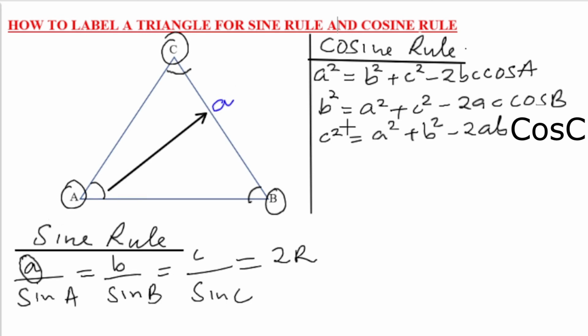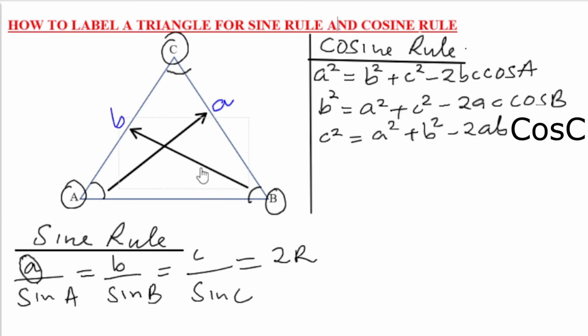So small letters are for sides. Then if I move to B, I bring my arrow at B here, then I point it to the opposite side. If I do that, then I can comfortably label that as side b.